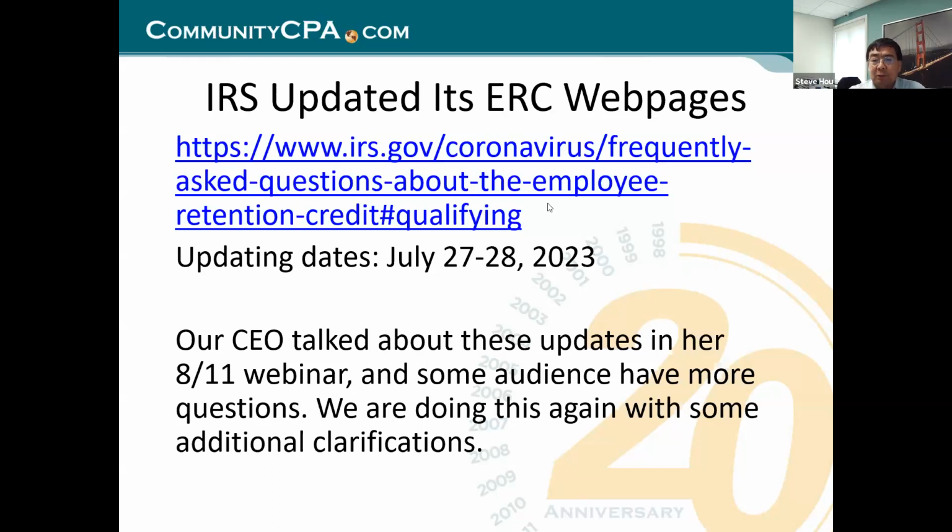IRS even indicated when they did the updates: July 27 or 28 of this year, just over a month ago. When our CEO was talking about it, that was only about a week or 10 days from the IRS updating date.